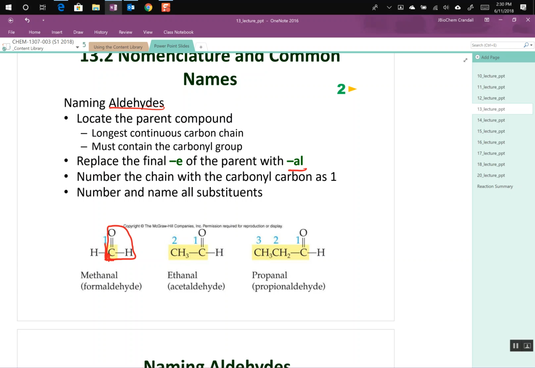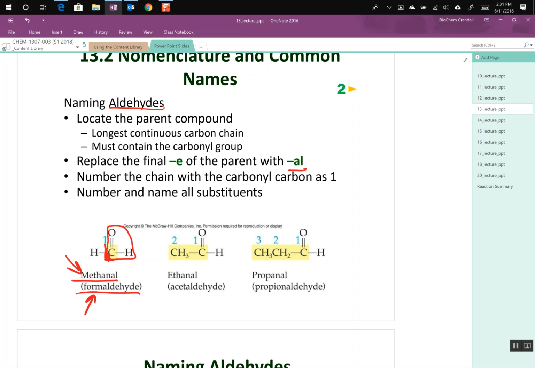Change the ending, and you're going to get the AL, methanal. That's formaldehyde. That's its common name. So along with its IUPAC name, go ahead and learn that common name for the simplest aldehyde, formaldehyde. I think you guys have heard that term, so hopefully that won't be too hard to remember.